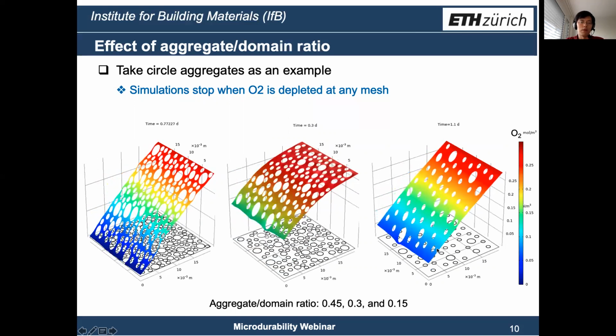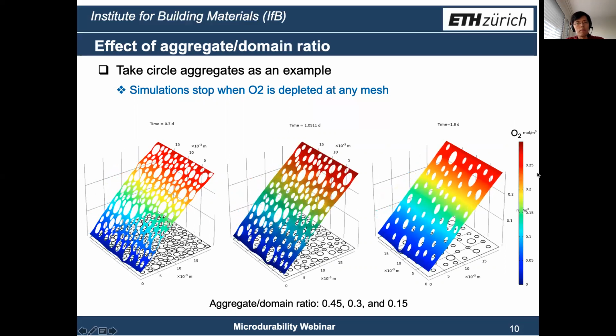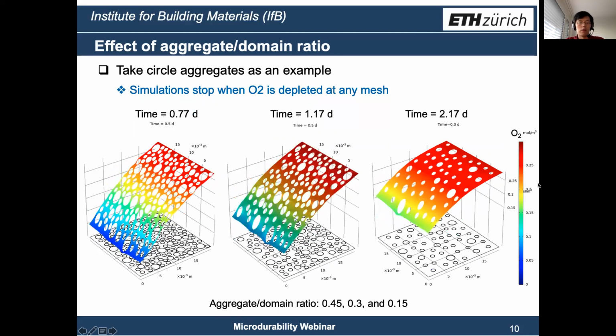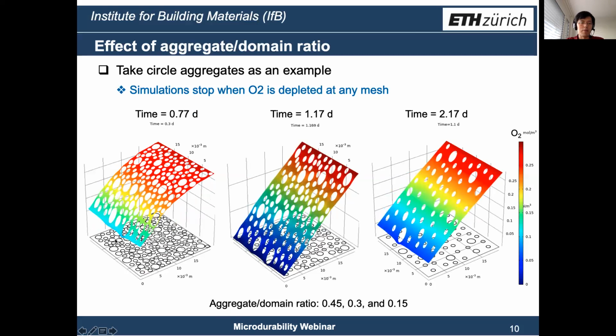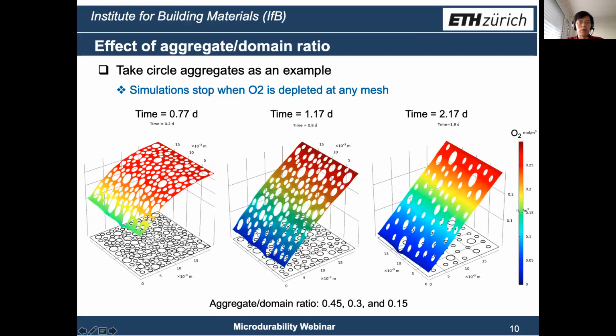But for the lower one, oxygen depletion happened later. So they have different times as shown here. Of course, the oxygen depletion only happens on the surface of steel because this part, the oxygen is consumed faster.